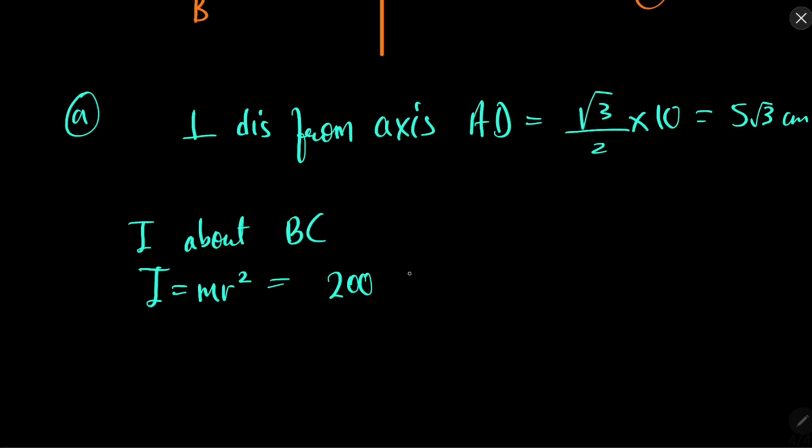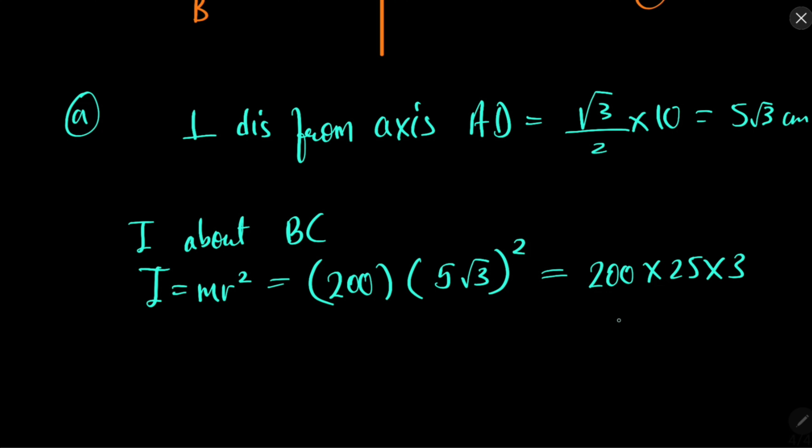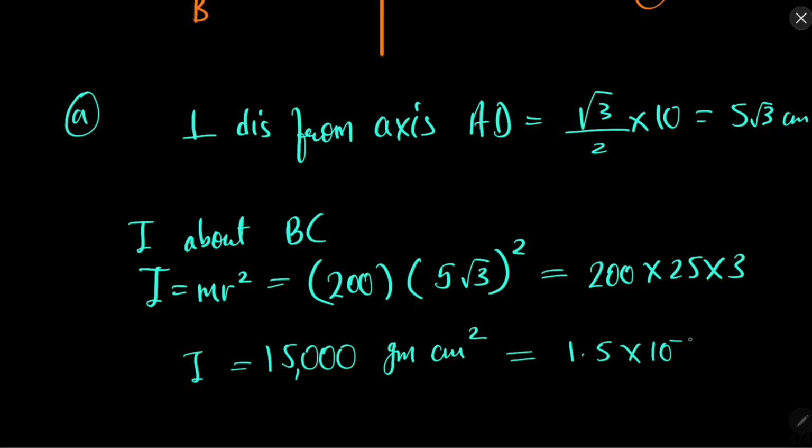So m is 200 and perpendicular distance is 5 root 3. So it will give you 200 into 25 into 3. So it will be 15,000, but units are gram centimeter square. So in kilogram meter square it will be 1.5 into 10 to the power minus 3 kilogram meter square.